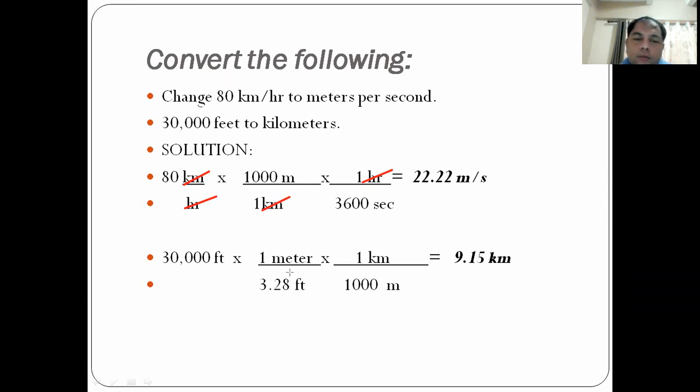Now, changing feet into meters, we have a conversion value of 1 meter equals 3.28 feet. So that's the conversion factor.